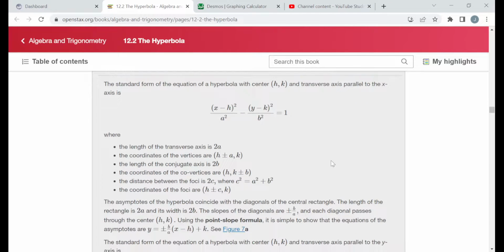In this box, we've got the standard forms for the equations of hyperbolas centered at the point (h, k).